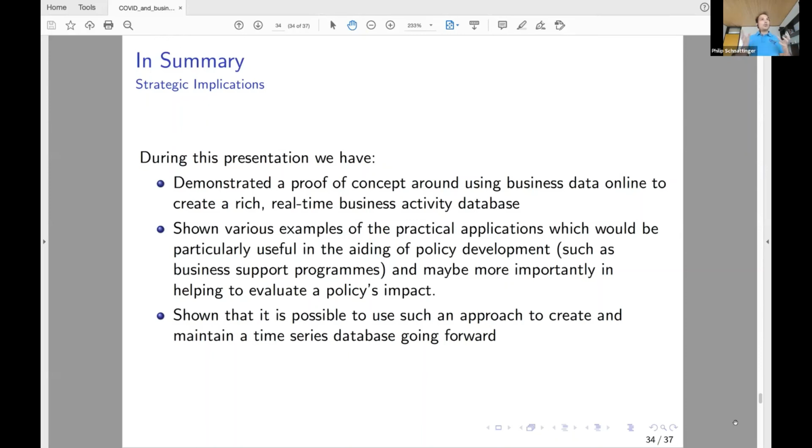Going forward we should compare that to other less high frequency data sets like the business census, but we are confident that the number of establishments would probably do relatively well there.